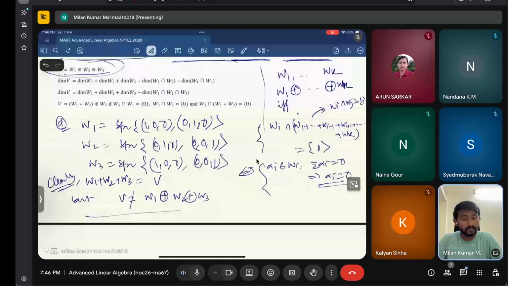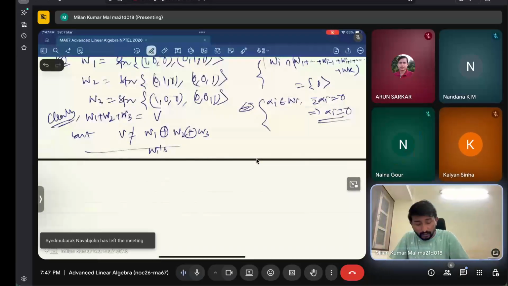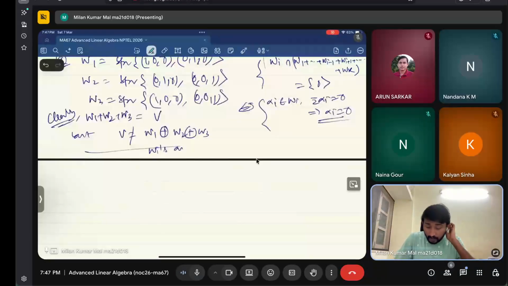This basic necessity fails here. So the Wi's are not mutually disjoint. They have to be mutually disjoint at least. This is the minimum basic criterion. So that's why the first option is incorrect.